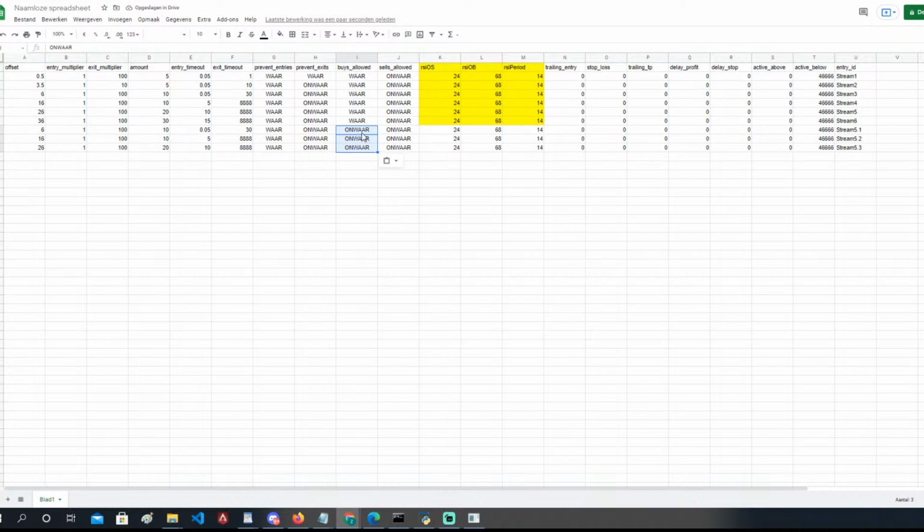In your Excel, it will show as false. And then we copy the true to here. These last three children are allowed to sell, but not allowed to buy. And let's set the TRS to false, so it's going to ignore the TRS for entries and exits.